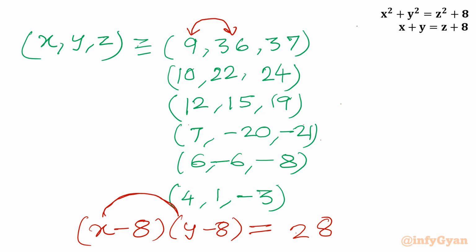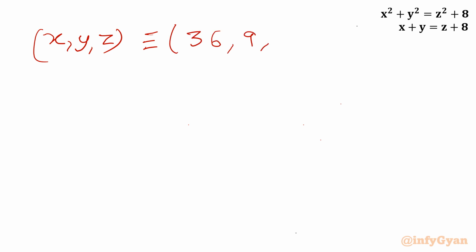So the other 6 solutions, once I swap these two values, are: x comma y comma z, 36, 9, 37. Then 22, 10, 24.